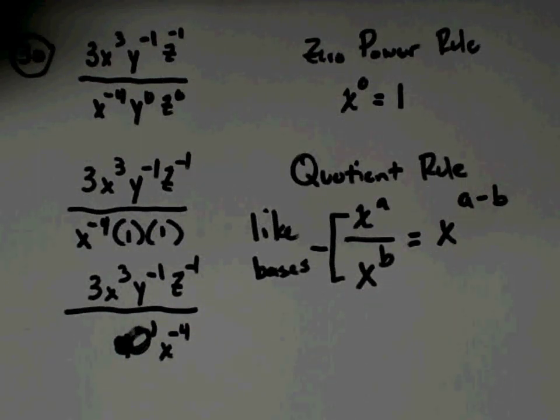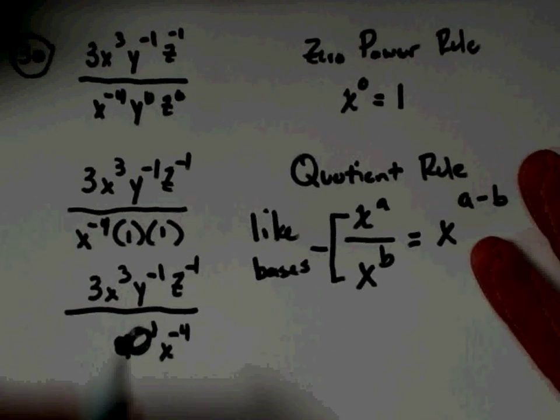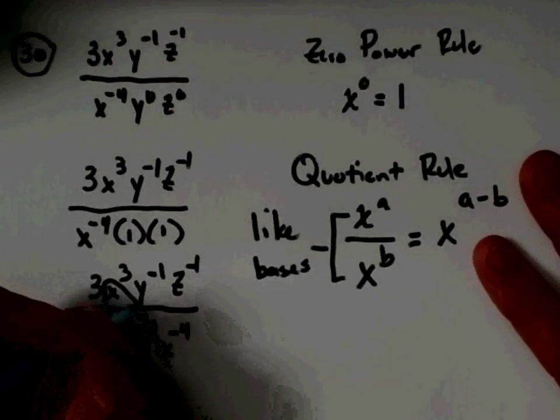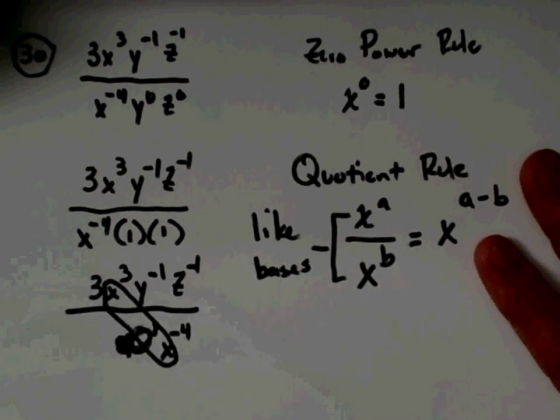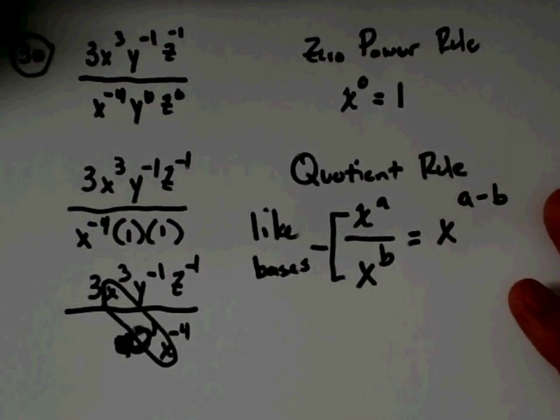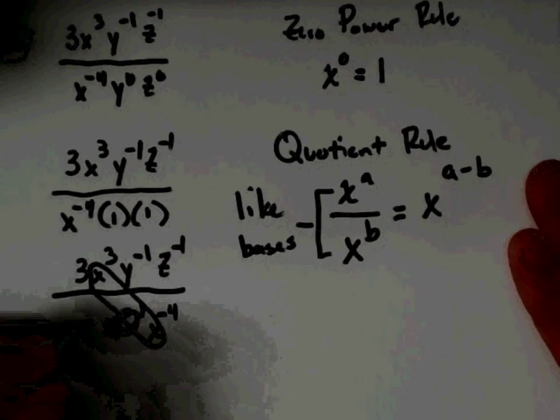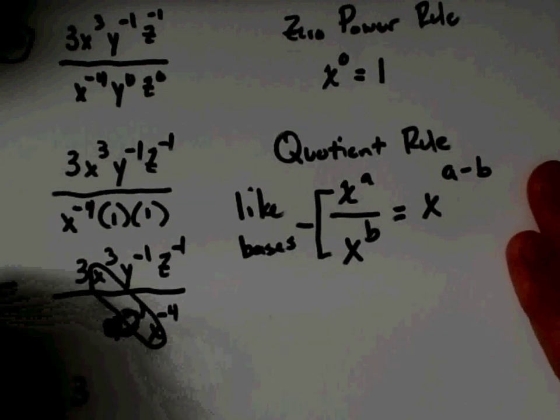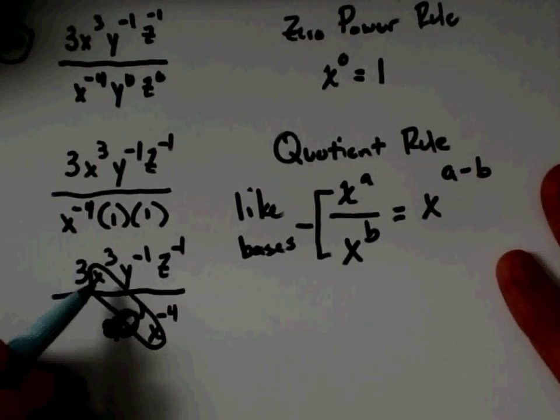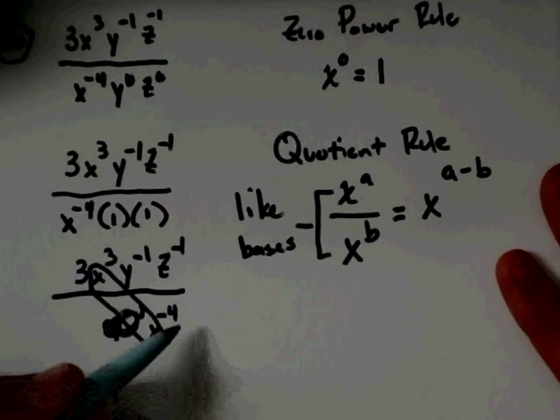So what I have to do from this point is I have to look for like bases. And the only one that I have is x. X is a like base. And so 3 doesn't change. This is going to be x to the third and x to the negative 4.